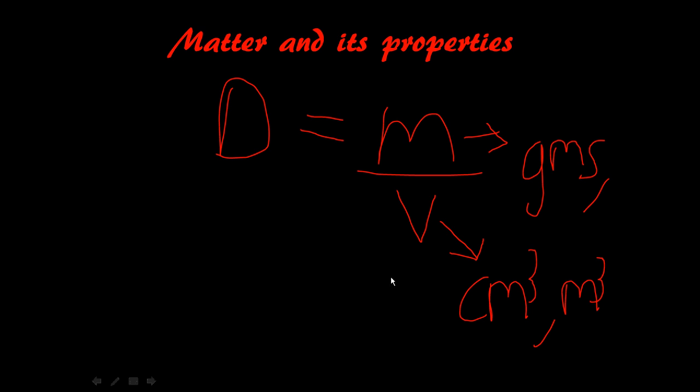These are just the units in which these quantities are described. Mass is expressed in grams and kilograms, while volume is expressed in centimeter cube and meter cube.